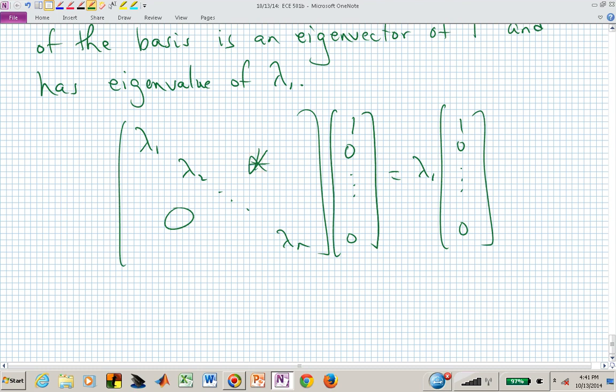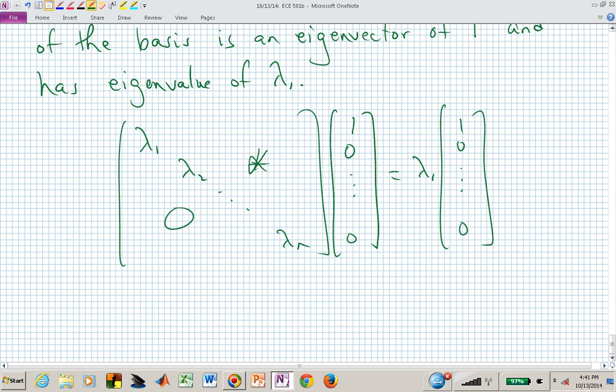But what do we know about playing on a real vector space? Do we always have this as a possibility? No, there are times when we can't even find an eigenvalue. And this structure is saying you definitely have a lambda sub 1.